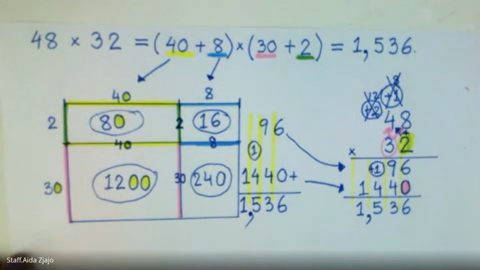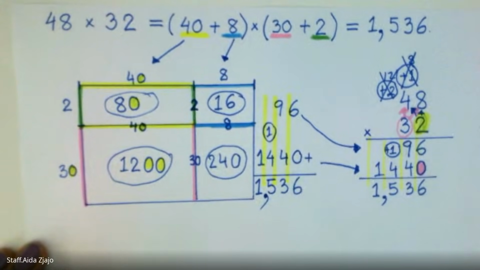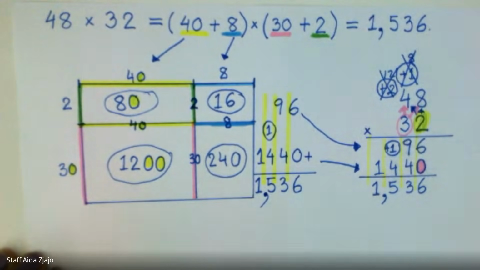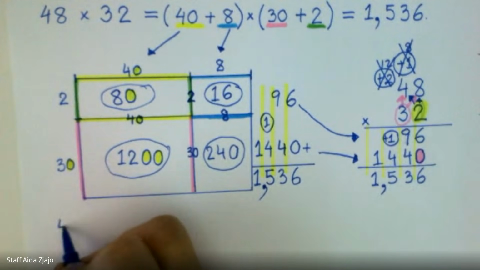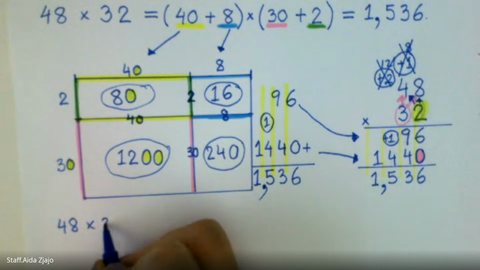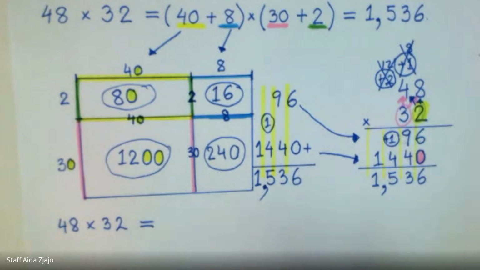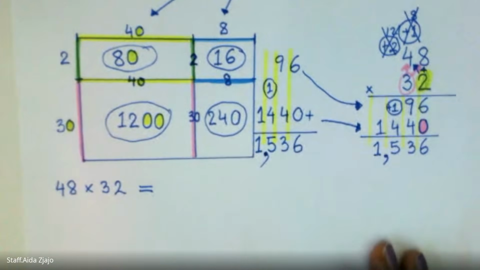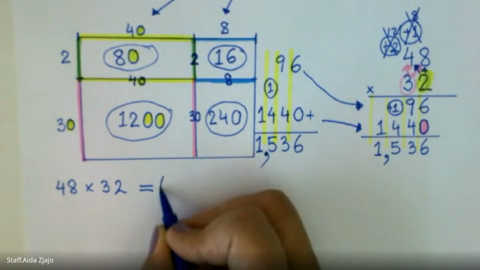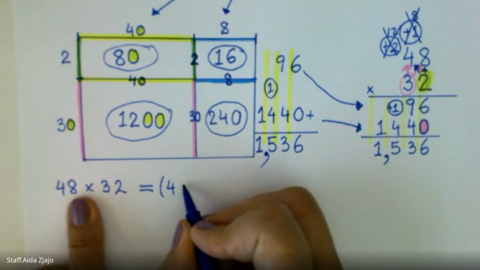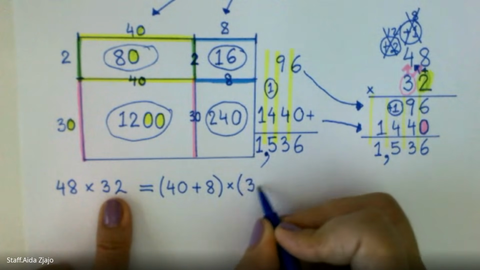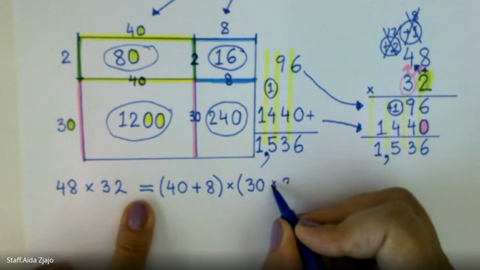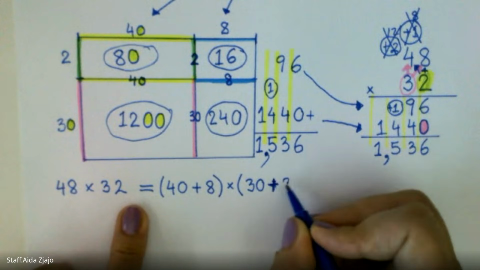Okay. You can also connect this with the distributive property. So distributive property is important as well. If you are working now and you're going to do 48 times 32, to use distributive property, you can connect with the area model by saying, okay, I'm going to distribute 48 into 40 plus 8 times also 30 plus 2, sorry, messed up.